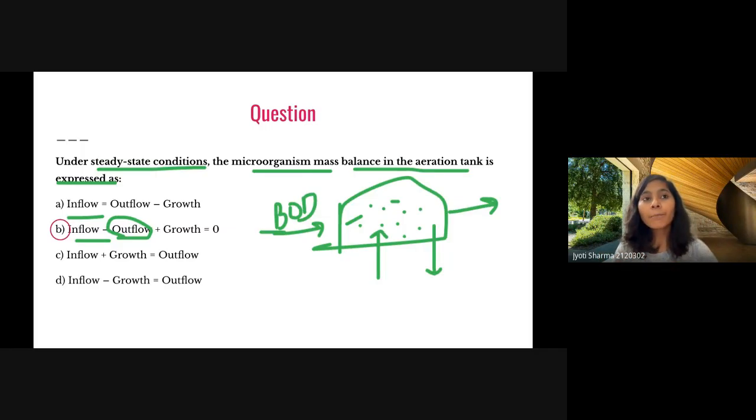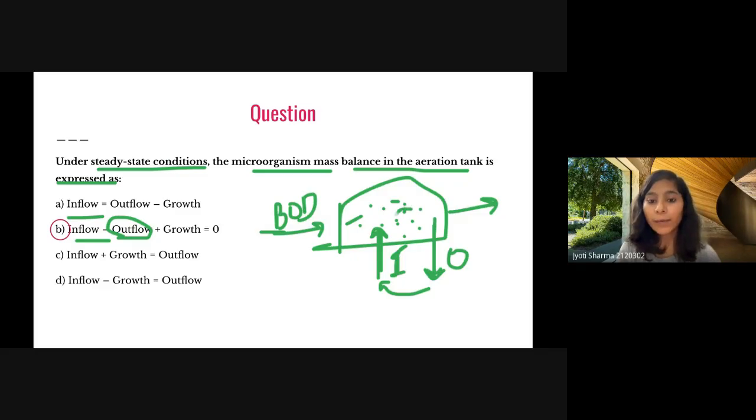So we have to maintain the balance of mass of microorganism. Some of the microorganism we have to add into this aeration tank, but some we have to remove, and constantly we have to create the steady state. Some are being added and some are being removed. So this is your inflow and this is your outflow, but there will also be the growth of your microorganism. So this will be plus, and that should be equal to 0. So that's how B is your right option.